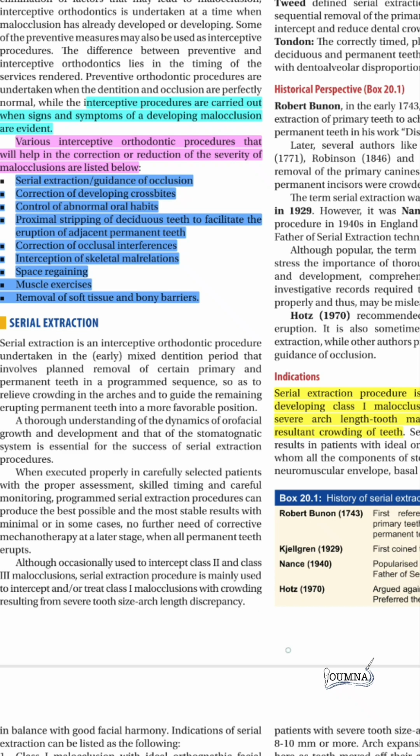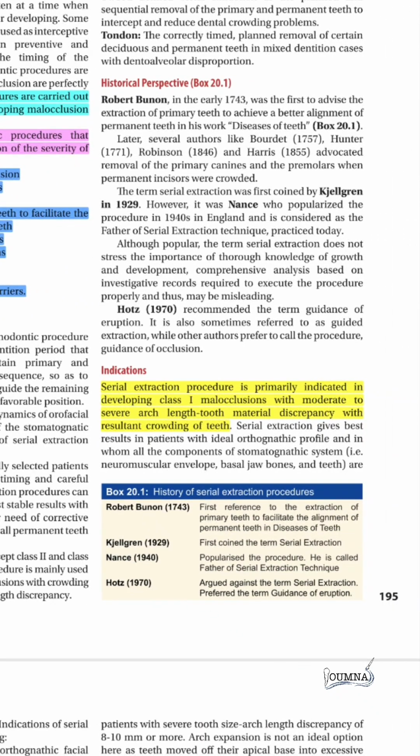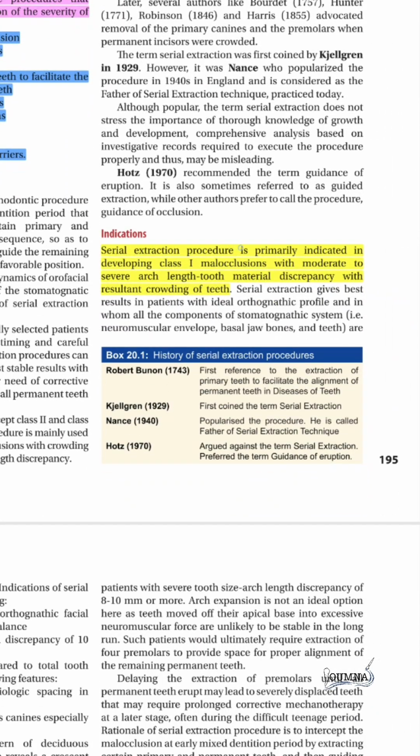For the serial extraction, it is indicated in class 1 malocclusion when there is severe to moderate arch length tooth material discrepancy, which means that there is a crowding of the teeth, but we have a molar relation that is class 1.